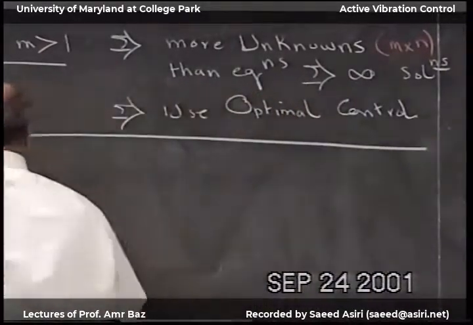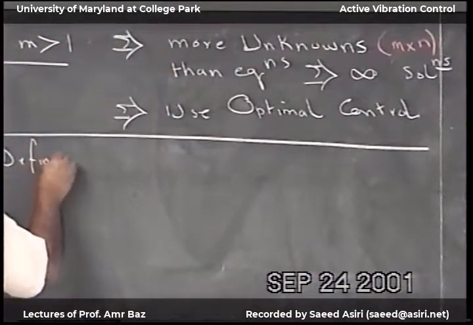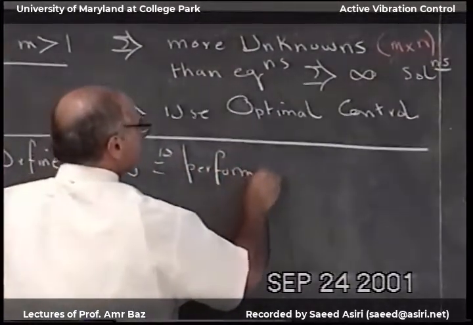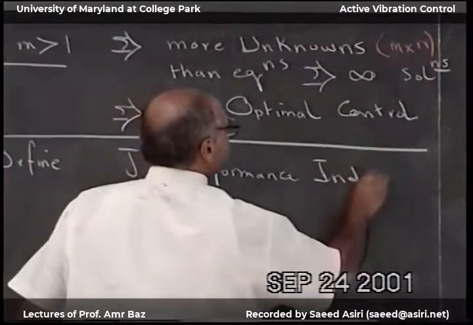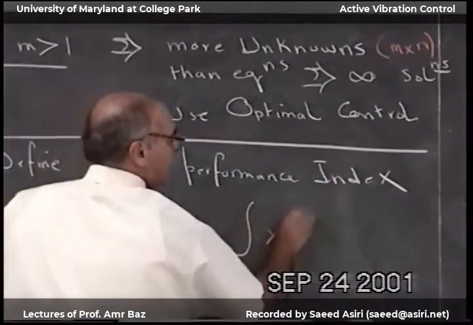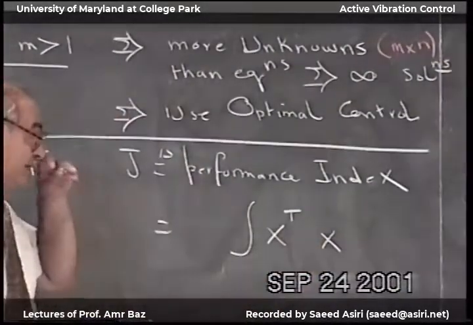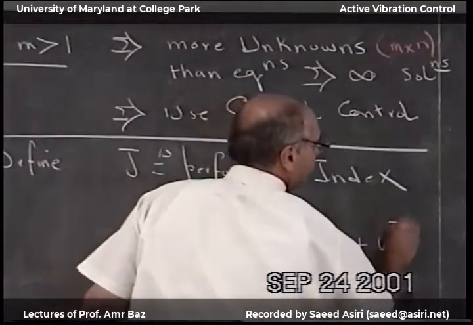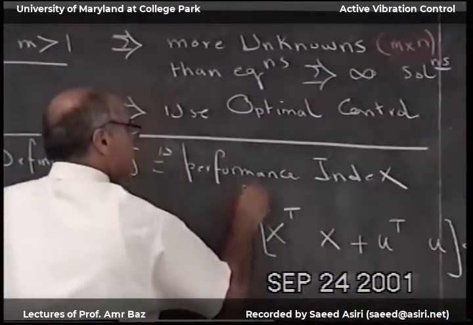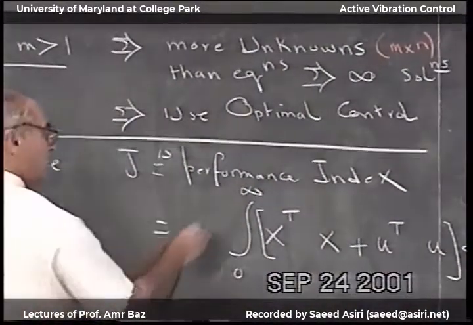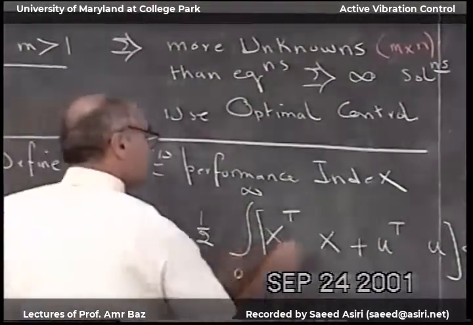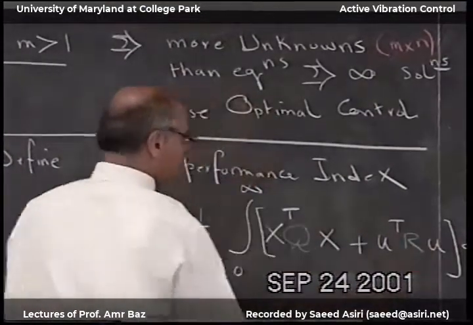And then we said now we define the performance index J, and this J has penalty on the states of the system as well as of the control effort on the system. And we'll put this 1/2, and then we will select weighting matrices Q and R.